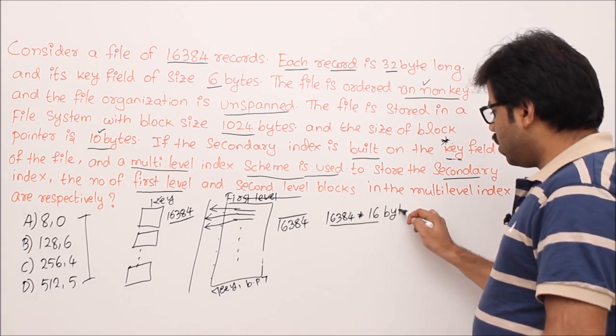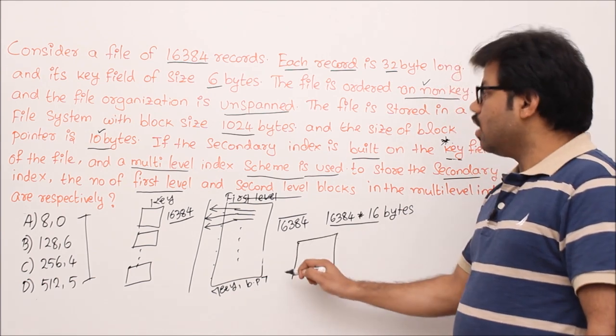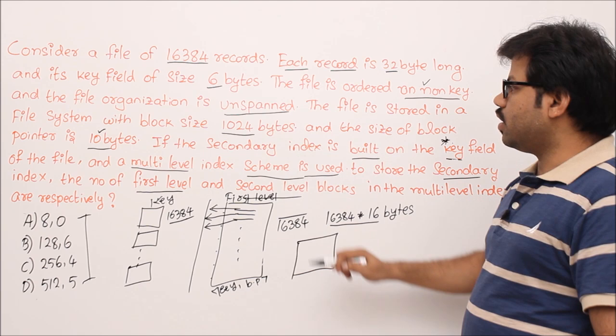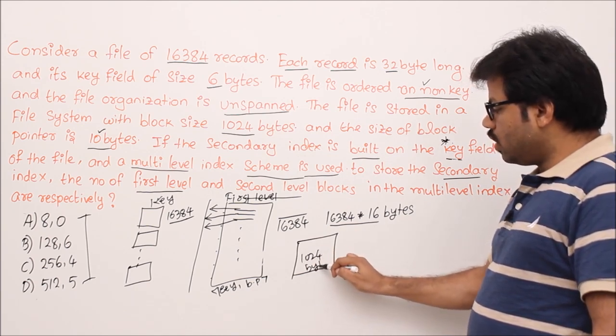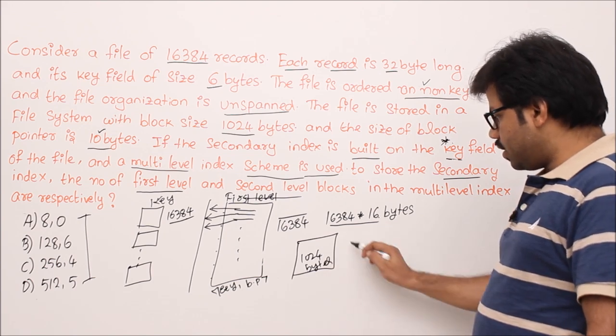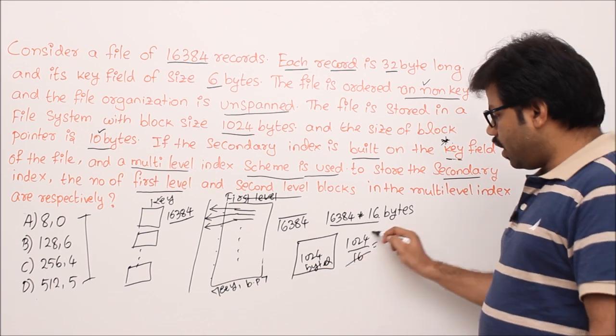But I want the number of blocks. First of all, we'll focus on the block size. What is our block size in the question? 1024 bytes. Note it down. What is your record size? 16 bytes. Let's try to divide it first. When you divide it, it will be properly divisible.